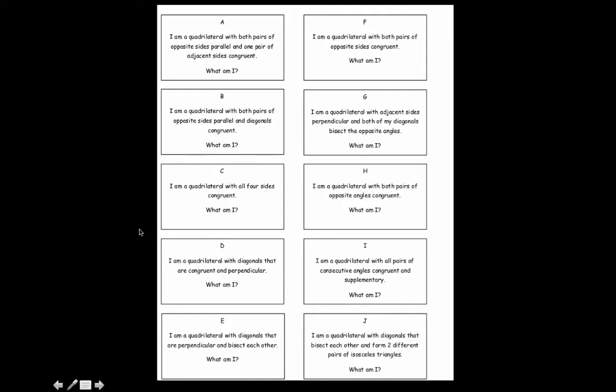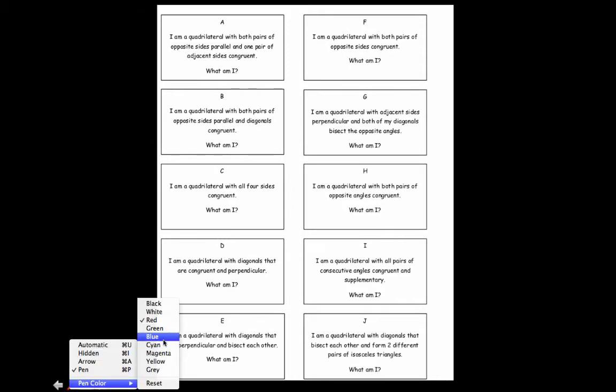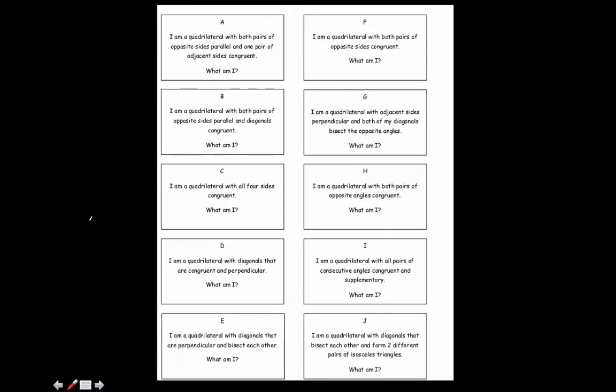Okay, so this is a question of how specific can you be. We want to come up with the best name. So for A, I am a quadrilateral with both pairs of opposite sides parallel, so it's a parallelogram, and one pair of adjacent sides congruent.